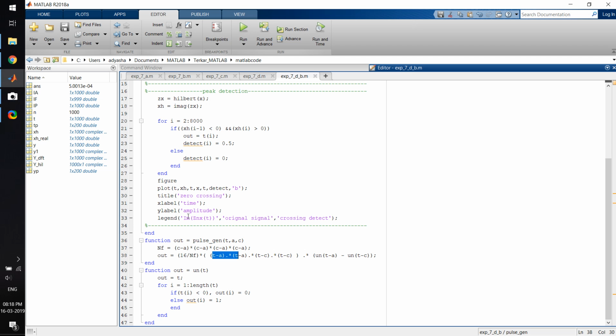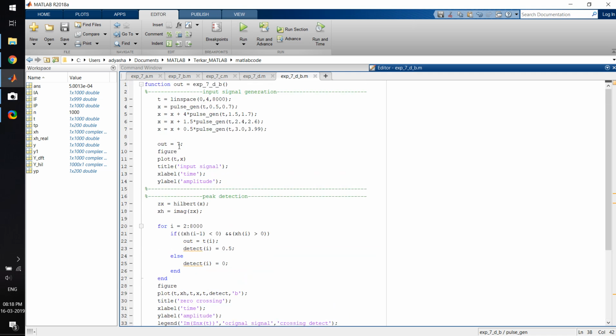Otherwise the pulses will have discontinuities in their slope, and that will cause spikes in our Hilbert transform, right? To avoid such things, I have squared them and controlled their amplitude by estimating their amplitudes at the peak values and dividing by that value. So if you estimate exactly, we are going to get this output.